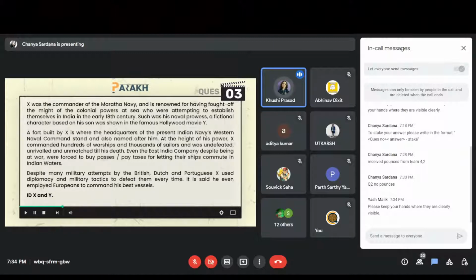At the height of his power, X commanded hundreds of warships and thousands of sailors and was undefeated, unrivaled, and unmatched till his death. Even the East India Company, despite being at war, were forced to buy passes or pay taxes for letting their ships commute in Indian waters. Despite myths by the British, Dutch, and Portuguese, X used diplomacy and military tactics to defeat them every time. It is said he even employed Europeans to command his best vessels. Identify X and Y. So this is direct for team 3 and the pounds window is open.